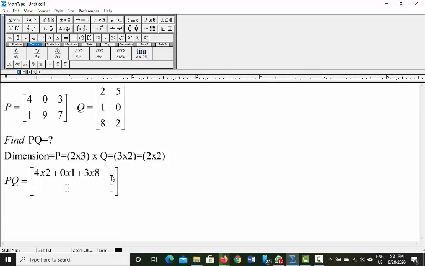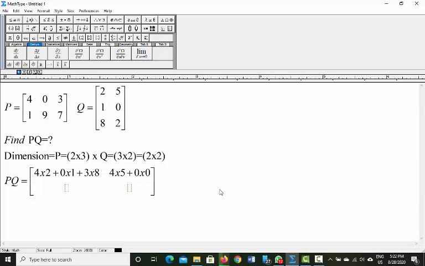Again we do it element by element. So 4 multiplied by 5, first element with first element, plus second element multiplied by second element, that is 0 multiplied by 0.